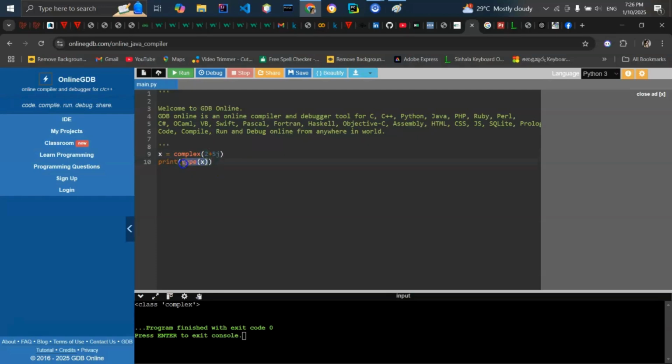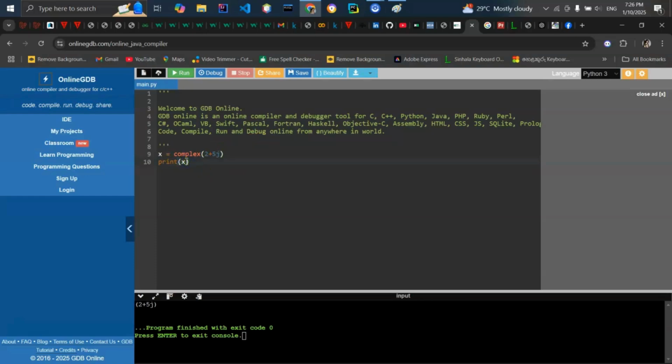Therefore, when you include the x in your parenthesis, you can see this value.